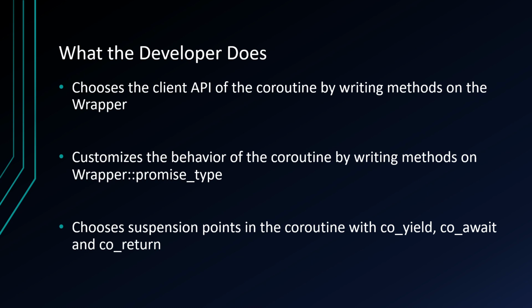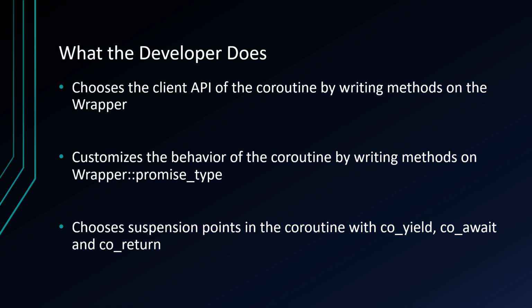So typically the client of the wrapper does not directly interact with this coroutine handle or with the promise type directly. That's all just underlying machinery of how the coroutine is implemented. So it's kind of hidden away, and you have a more convenient client API on the wrapper type. And you customize the behavior of the coroutine by writing methods on the promise type that's named inside the wrapper.